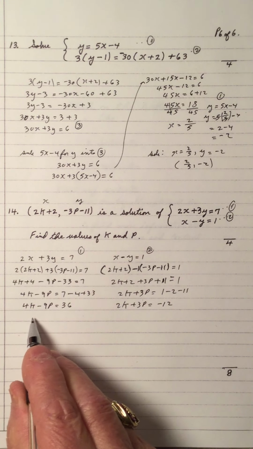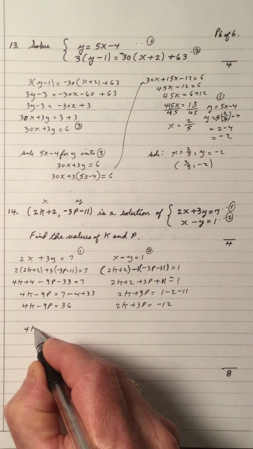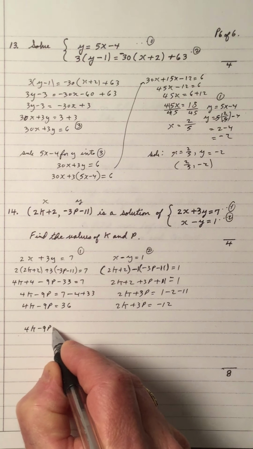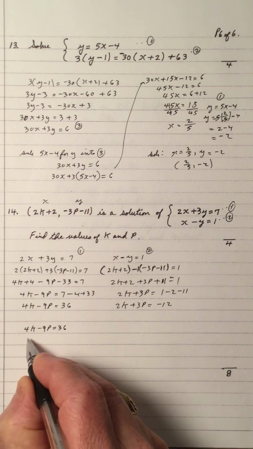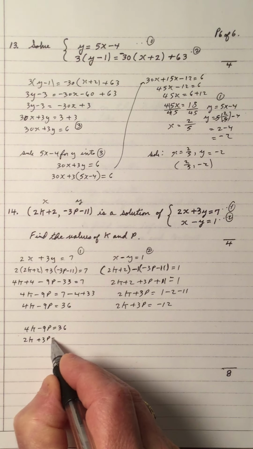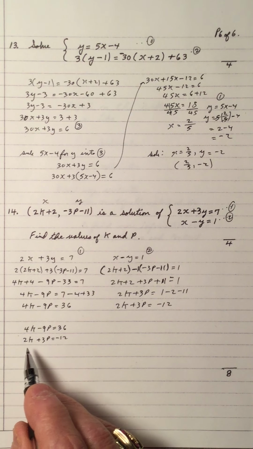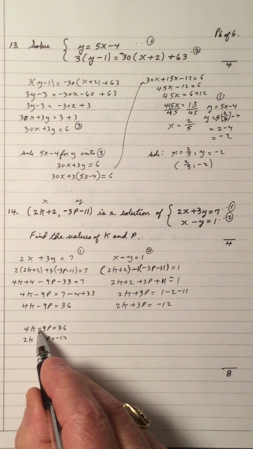Now I got two equations with a k and a p. So if I solve these equations, 4k minus 9p equals 36, and 2k plus 3p equals negative 12. I'm solving this for k, so I can multiply. That's a negative 9.